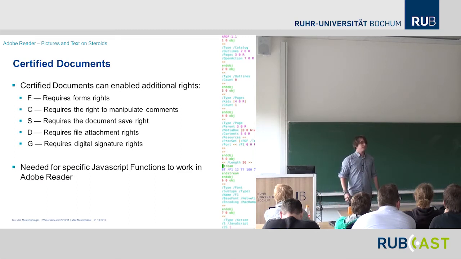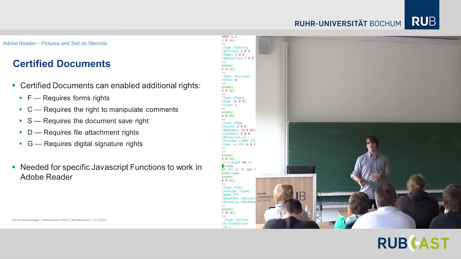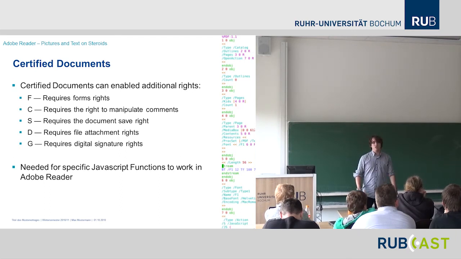So last but not least, there are certified documents. They can be used to get specific rights you need. Also, sometimes you need it for functions which will work in Adobe Reader Professional, but not in Adobe Reader. Actually, I haven't looked that much into it.